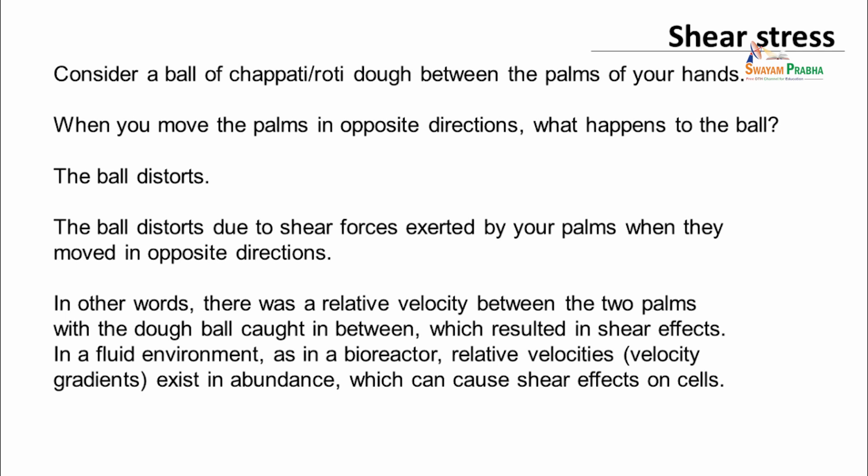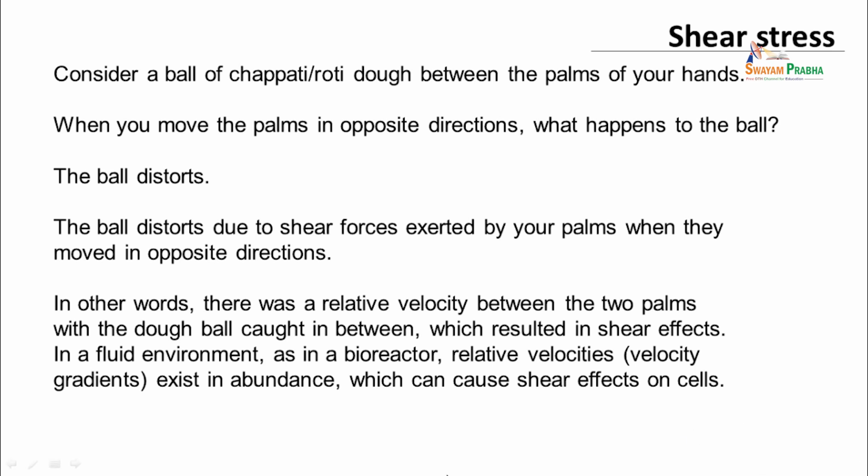In a fluid environment, such as in a bioreactor, relative velocities or velocity gradients exist in abundance. Velocity gradients means the difference in velocity with a certain distance. It is the derivative with respect to the distance of the velocity, dv/dx, dv/dy, and so on. So those are velocity gradients.